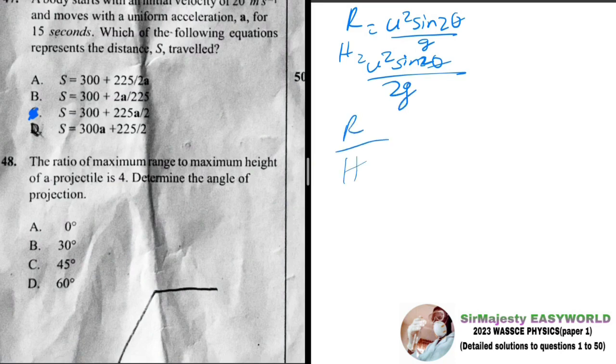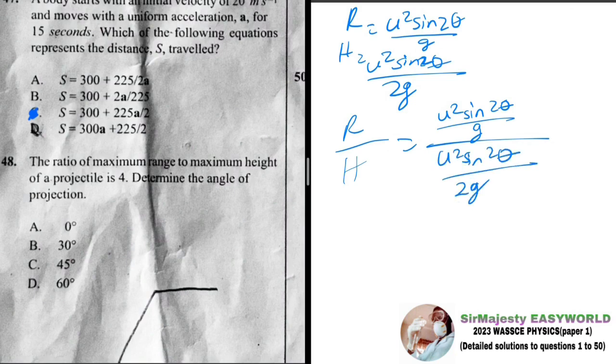Our range is u square sine 2 theta over g, while that of our height is u square sine square theta over 2g. So to find the ratio of the maximum range to the maximum height, that will be u square sine 2 theta over g divided by u square sine square theta over 2g.